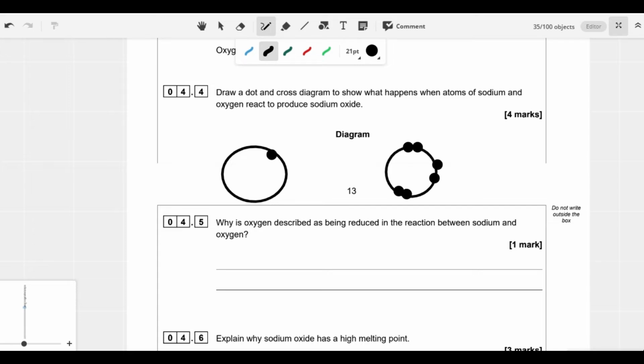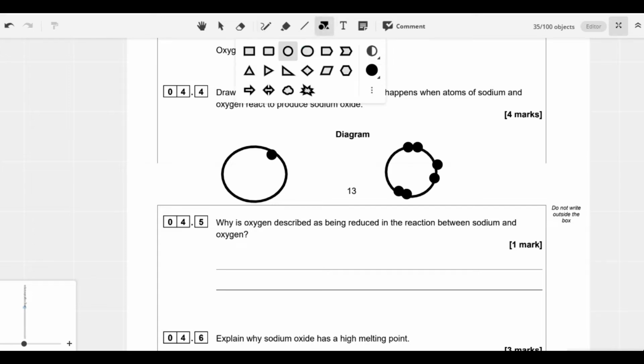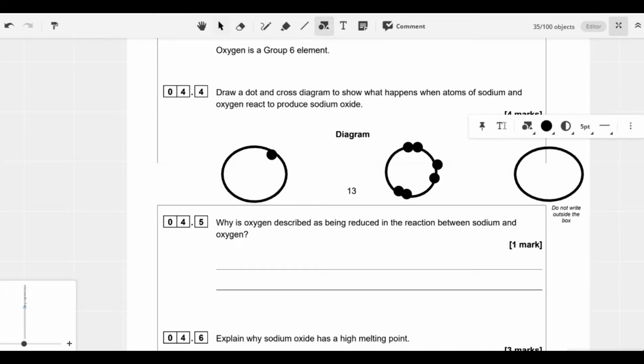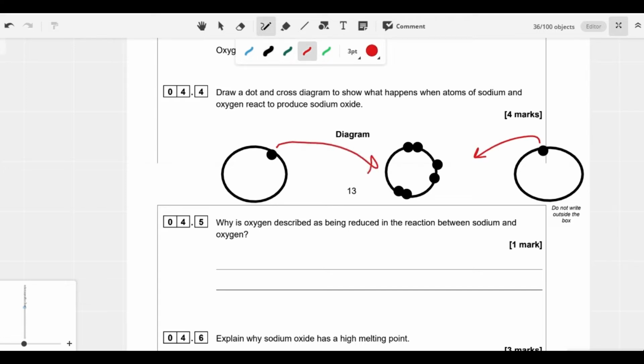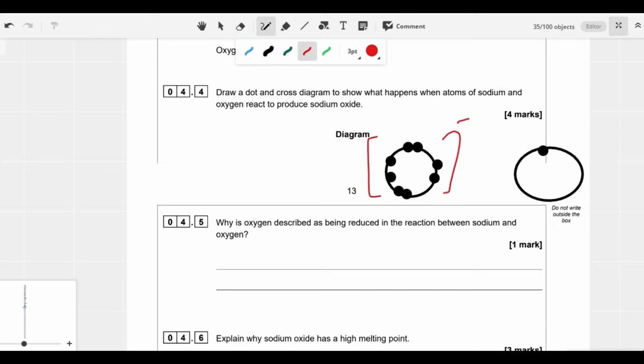So oxygen needs 2 more electrons to complete its octet. Another sodium also reacts and loses its outer electron. So what will happen? Now the sodium contains a complete shell. Here I'm going to draw the final diagram like this. Now the oxygen contains 8 electrons with a net charge of -2.